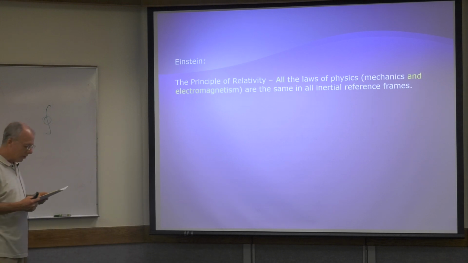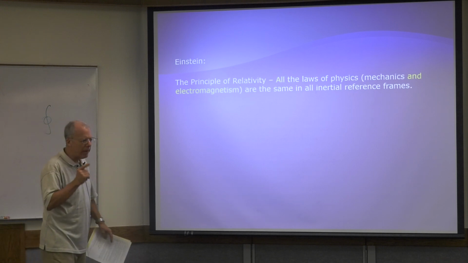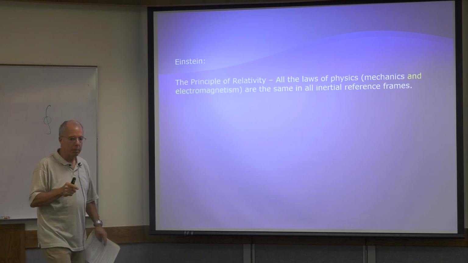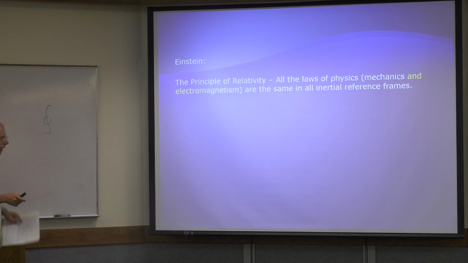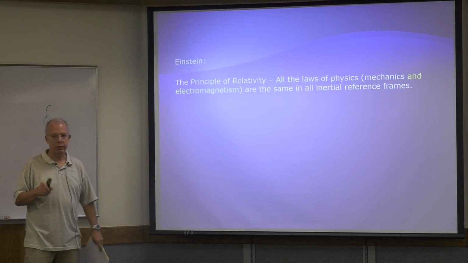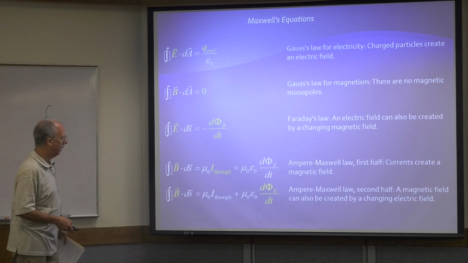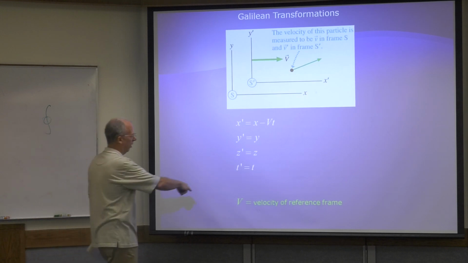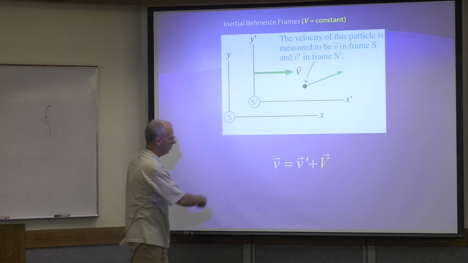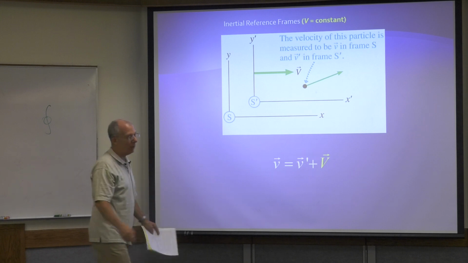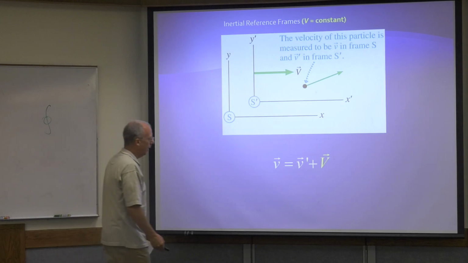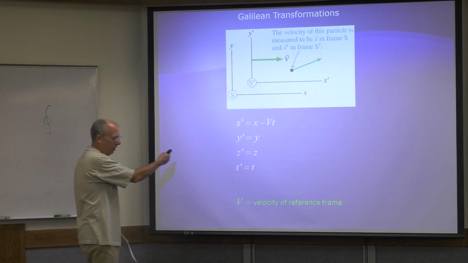All right. So he said, well, maybe they do. But maybe the problem is with the Galilean transformation equations. You know, maybe this is what's wrong. And maybe this is wrong. Now that was a really bold step because, I mean, what are you crazy? This had always worked.